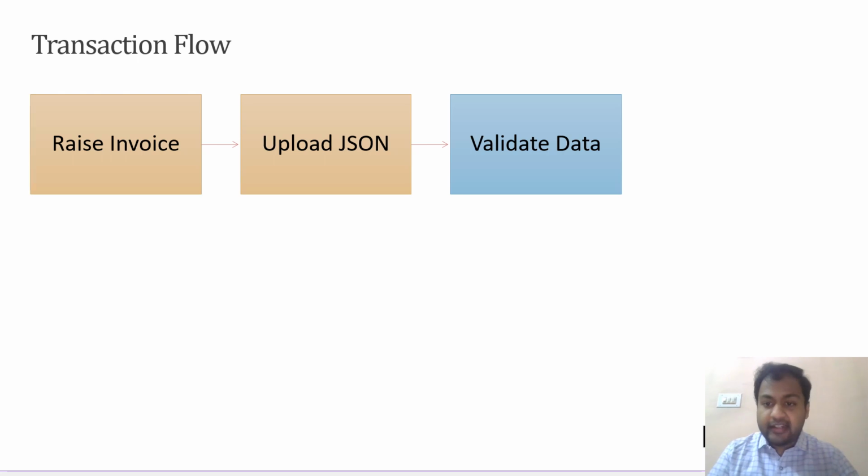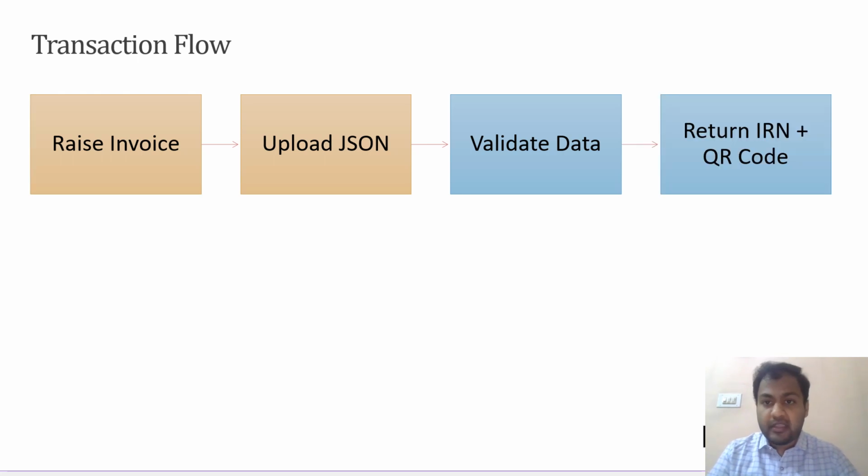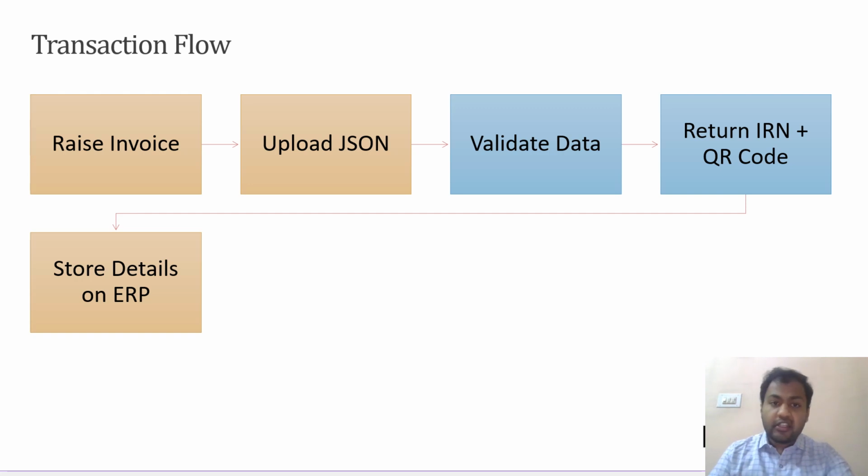It will validate whether the invoice number was already uploaded, or whether this is the first time the invoice is being uploaded. Once it is validated, it will give us a 64-digit IRN, invoice reference number, and a QR code. Now I can store this IRN and the QR code in my ERP.